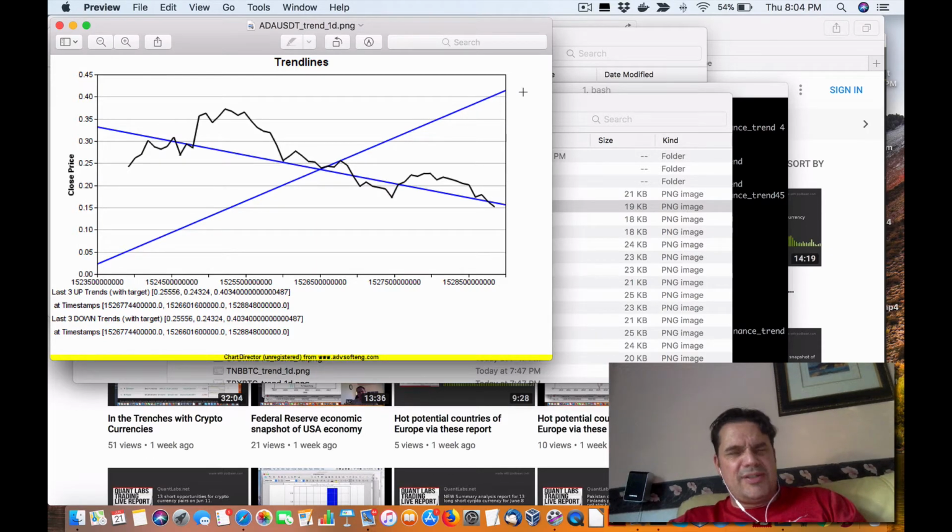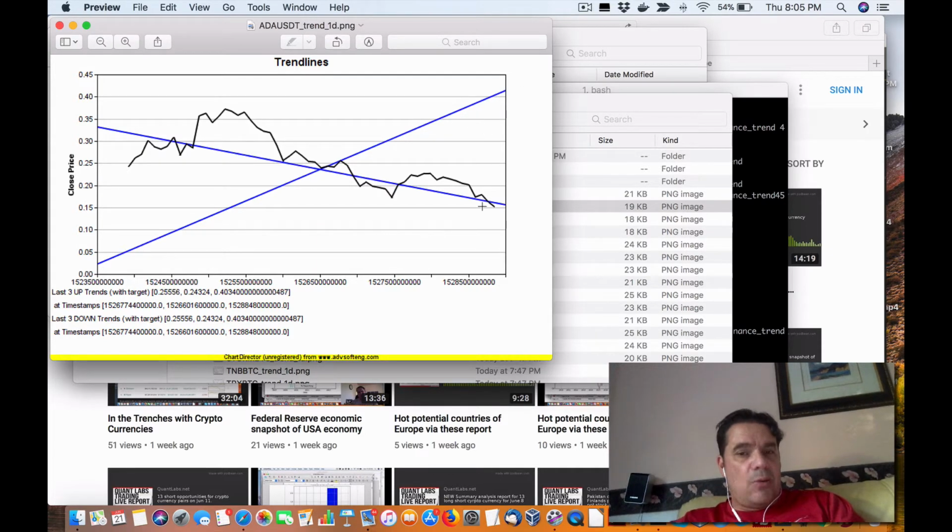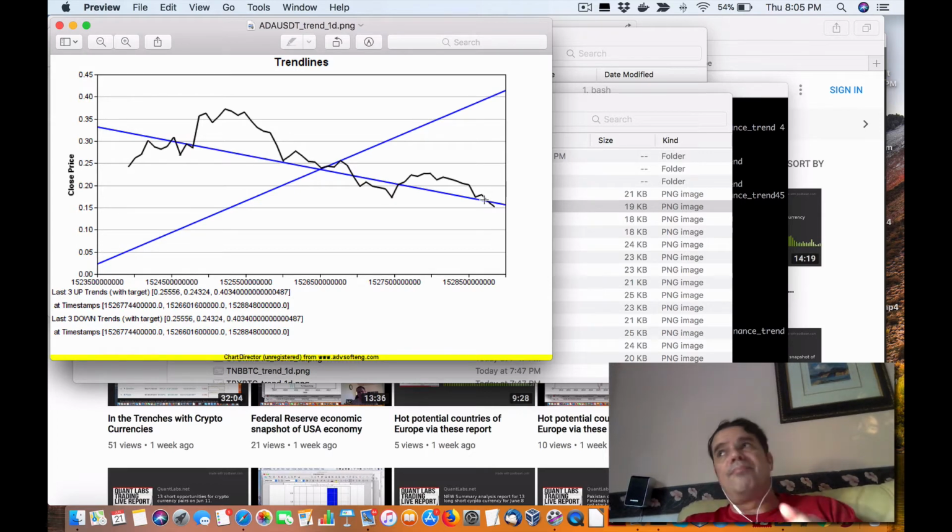Now, I want you to understand that you can use these when it does cross. In this case here, this could be considered a resistance line, and then depending upon the price and the target when you decide when to get in, obviously this could be a shorting opportunity.